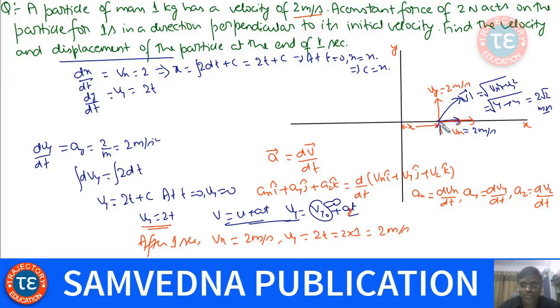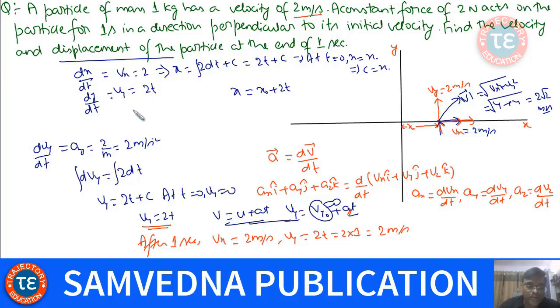Or you could have taken origin also, but I have been more general, so I have taken this point. So this x is x naught plus 2t.